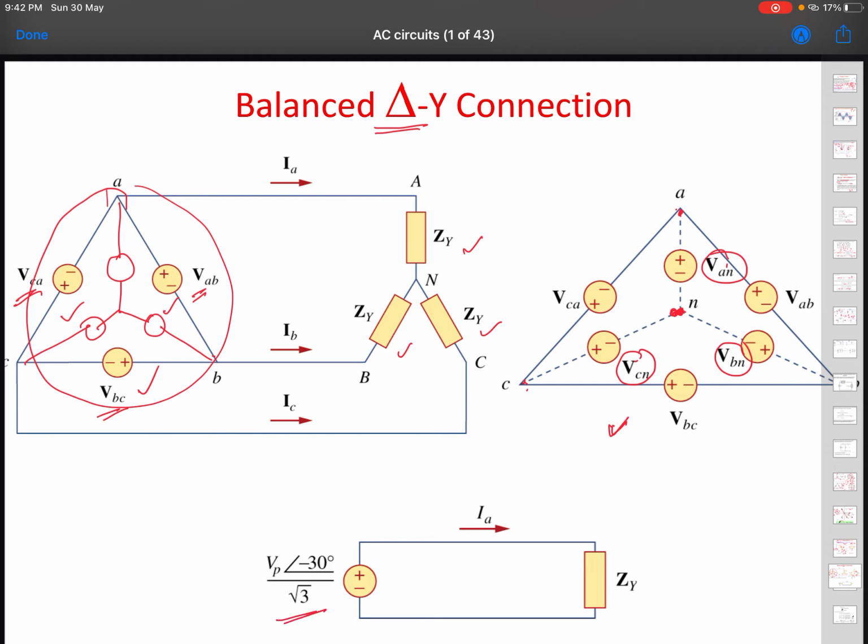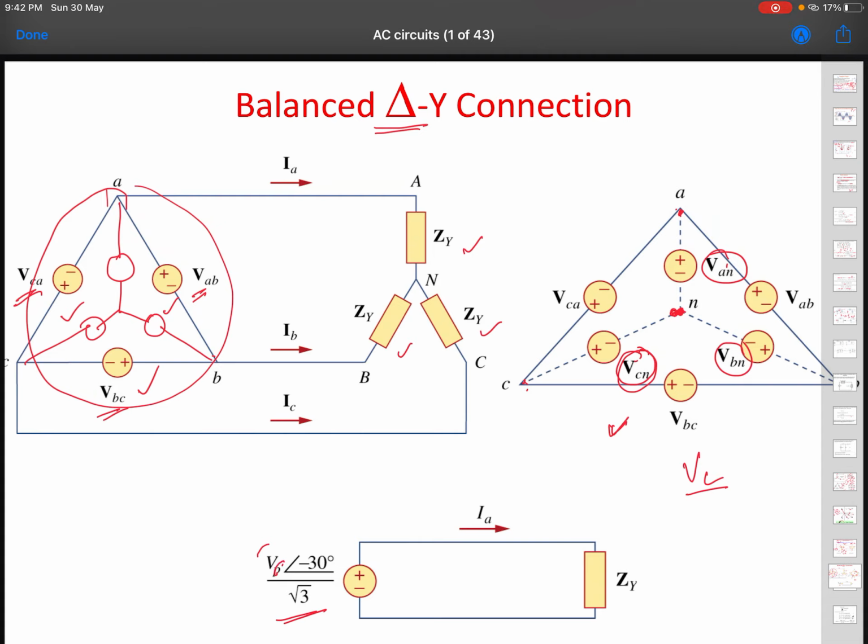You can analyze this. If you remember, V line was root 3 times V phase. Similarly, V phase is actually V line upon root 3.